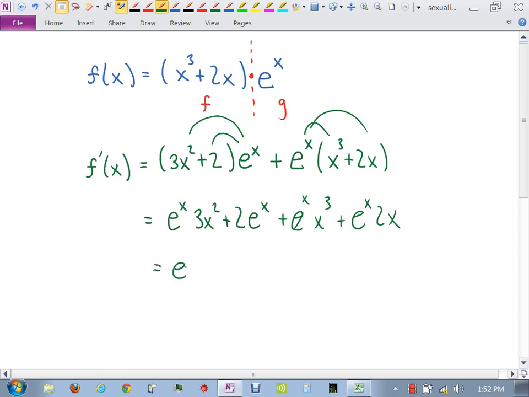Then take an e to the x out, put them in descending order, x cubed, plus 3x squared, plus 2x, plus 2. Yeah, 3x squared. Thank you. Oh, yeah. Oops, put it in the wrong place.